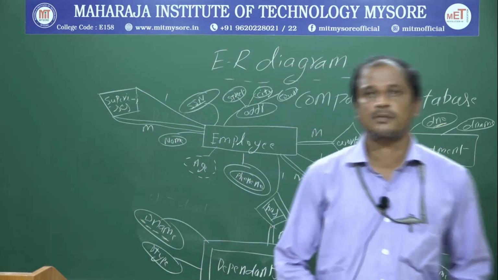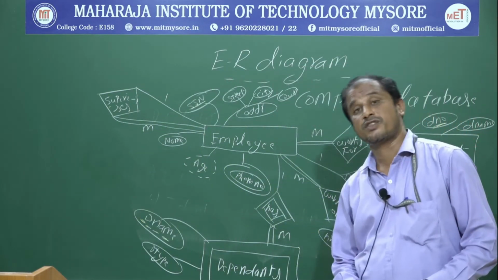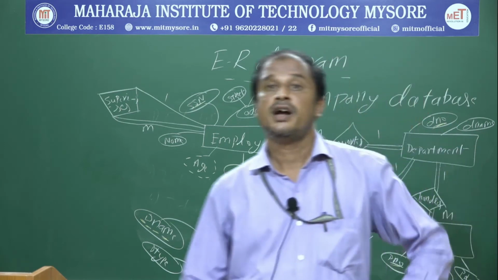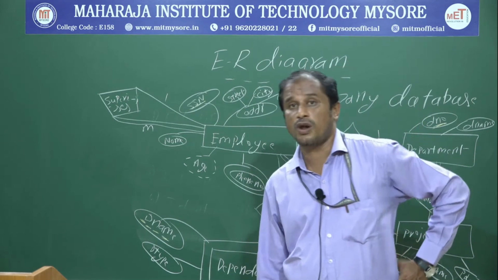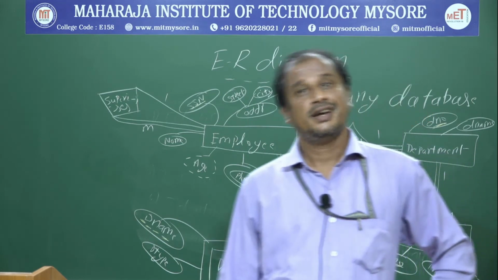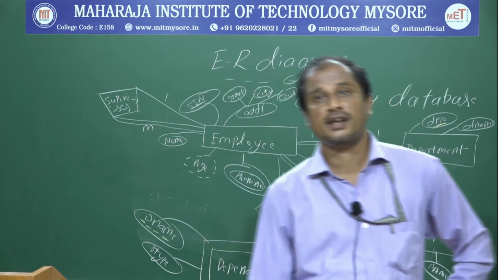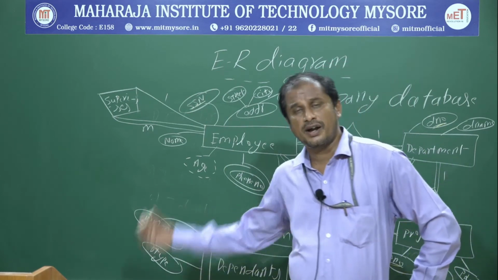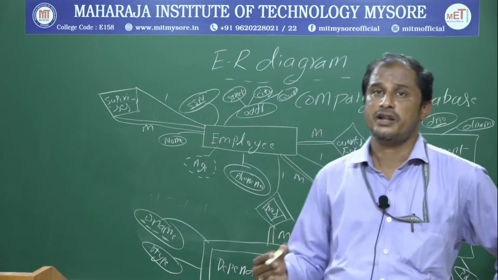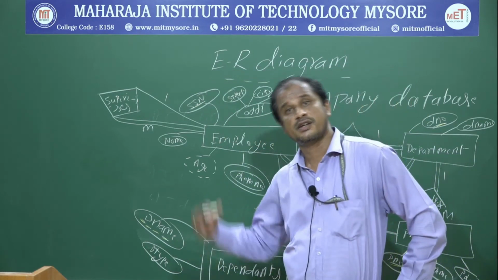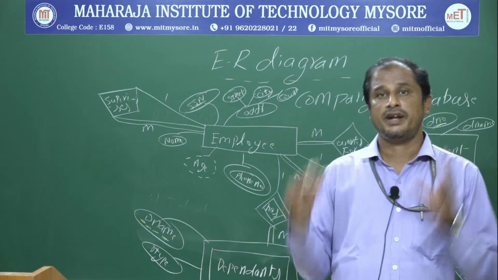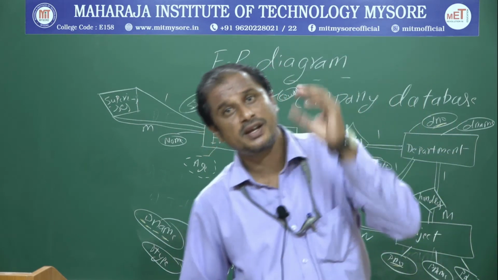You can see this diagram. I have taken 3 strong entities and 1 weak entity and identified the relationships that define the role of particular entities. Then I identified the connectivity ratio, then the participation constraints for the company database.